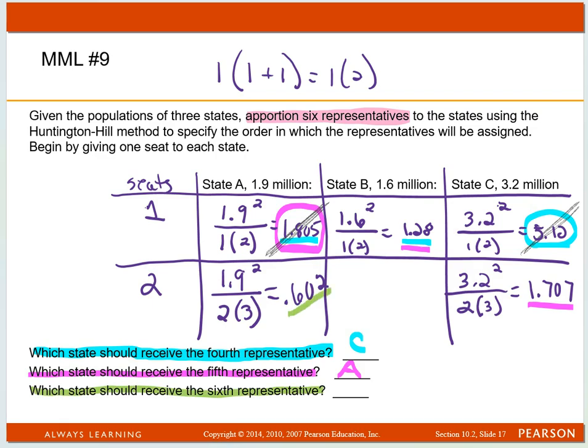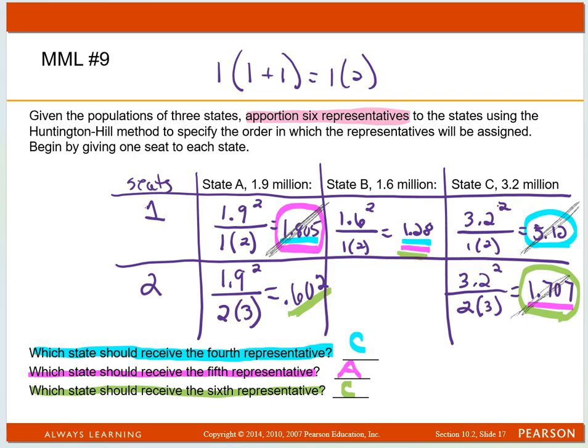So I need to compare this number with this number and that number. And 0.602, 1.28, and 1.7, that's the biggest right there. So that goes to C, which means I couldn't use this number.